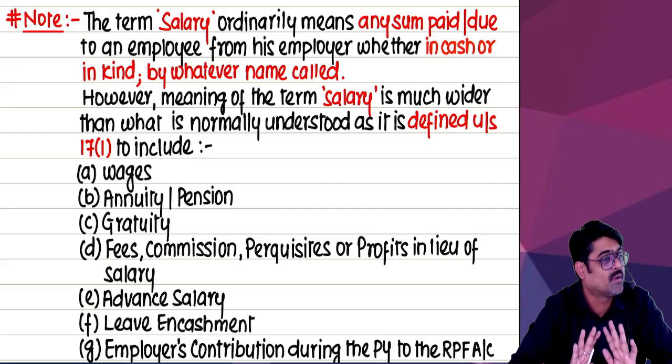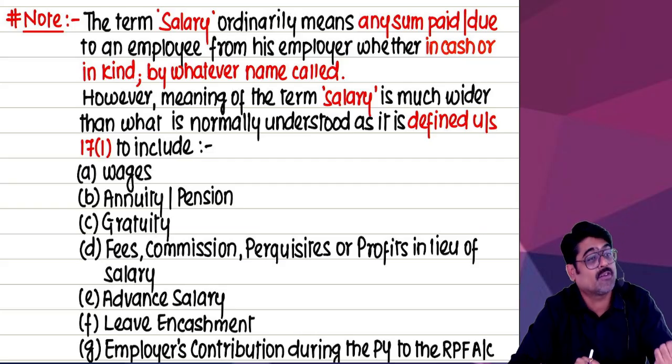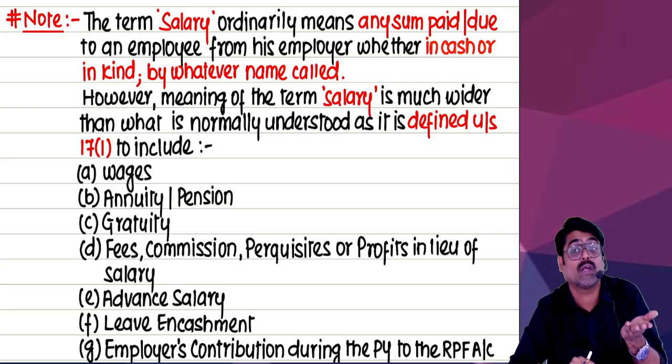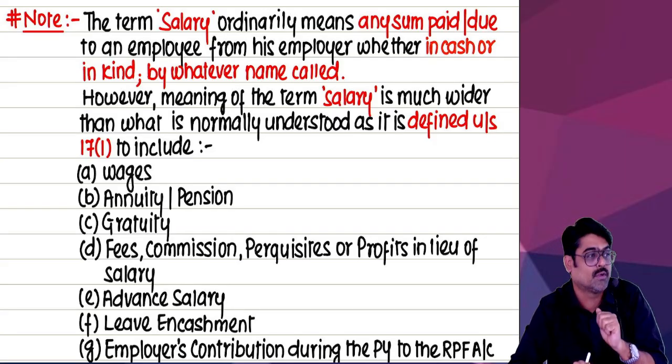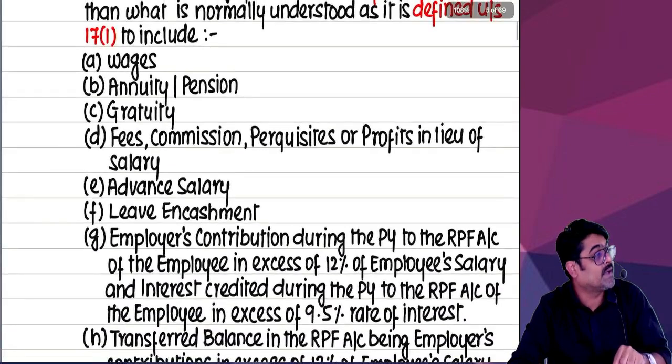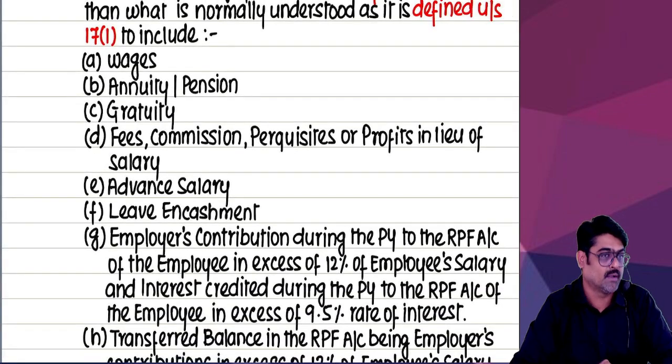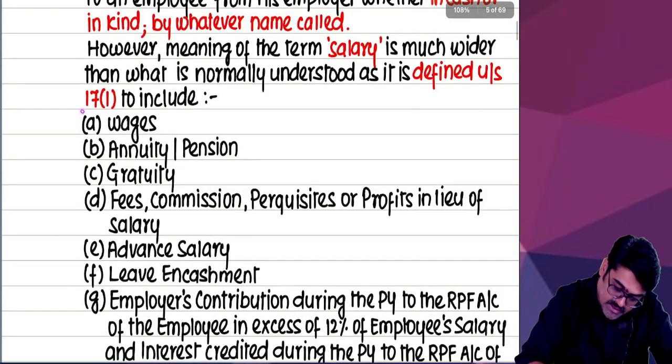It will be treated as your salary. It will be taxable on due or receipt, whichever is earlier. But the term salary does not mean only this much. The term salary also includes other amounts, which should be taxable under this head only. So 17 subsection 1.